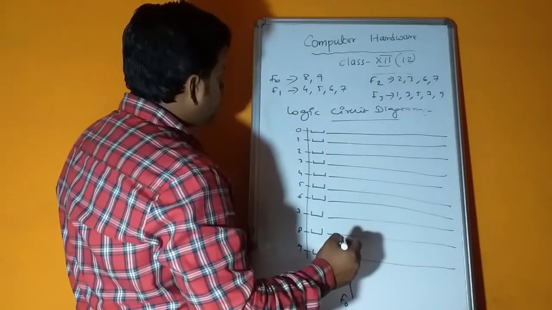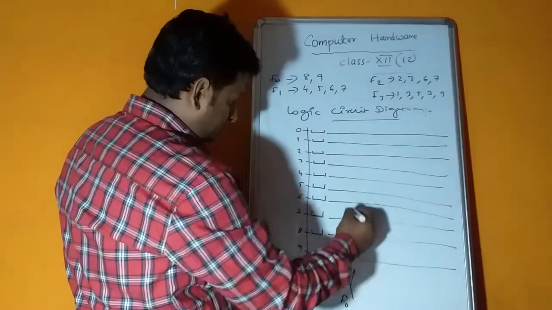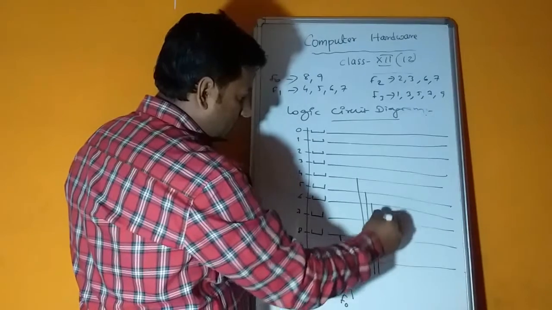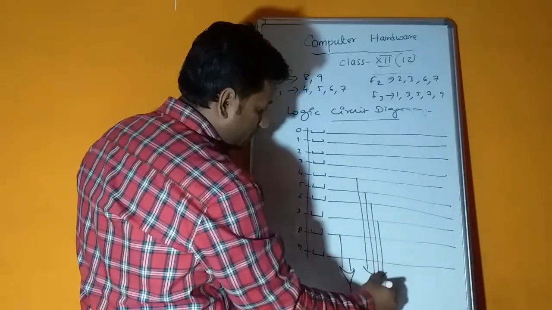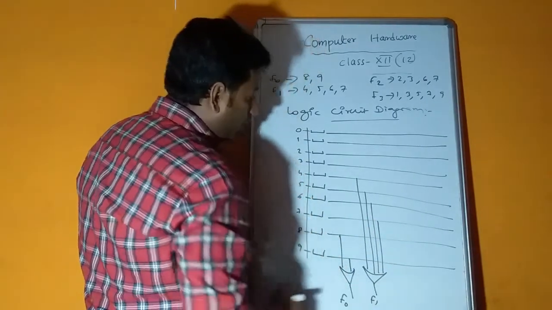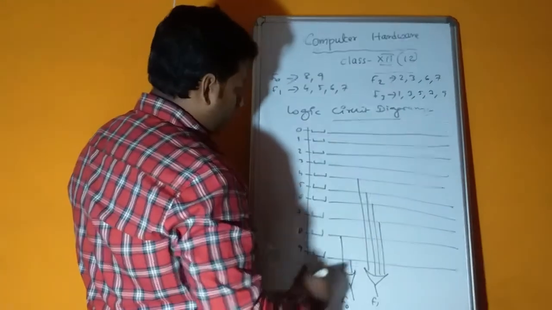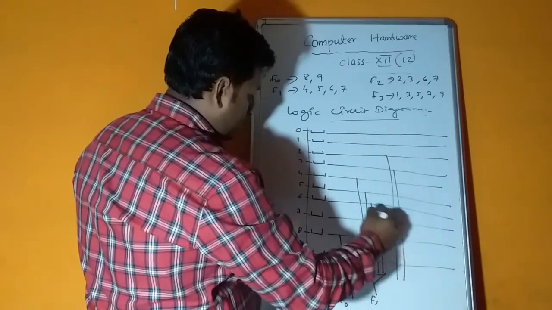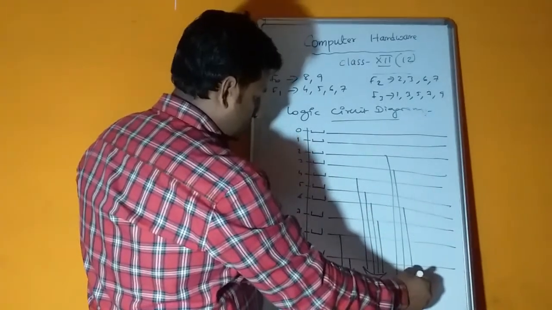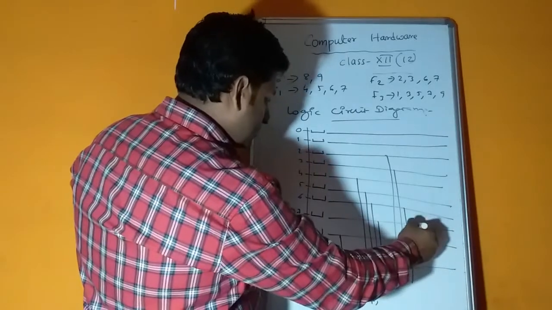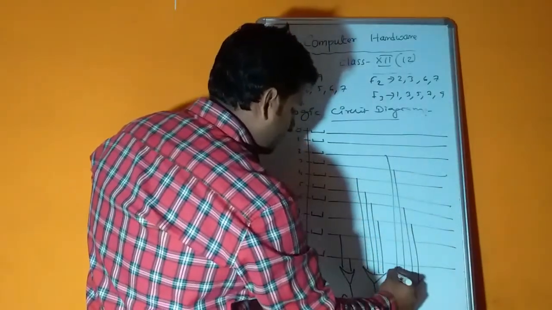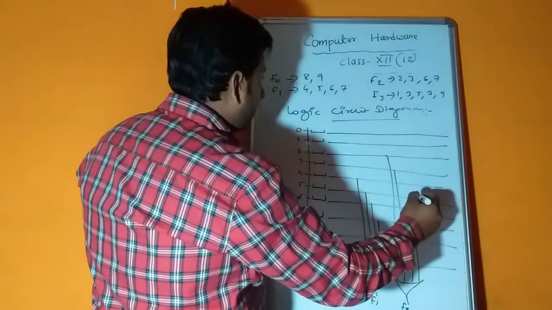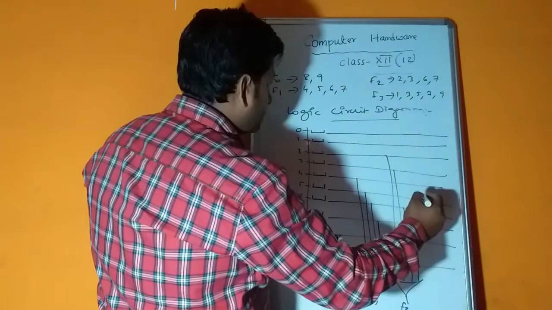Then F1, 4, 5, 6, 7, F1. Then F2, 2, 3, 6, 7. All OR gates.